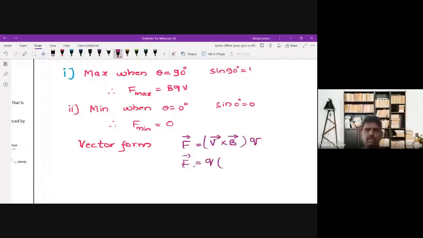But important is you cannot interchange V and B, because direction of F depends on V and B. This clearly indicates that F must be perpendicular to the plane containing velocity and the vector quantity B. Clear? So this is all about the force acting on a charged particle moving in a uniform magnetic field. I'll give 2 minutes, go through all this.